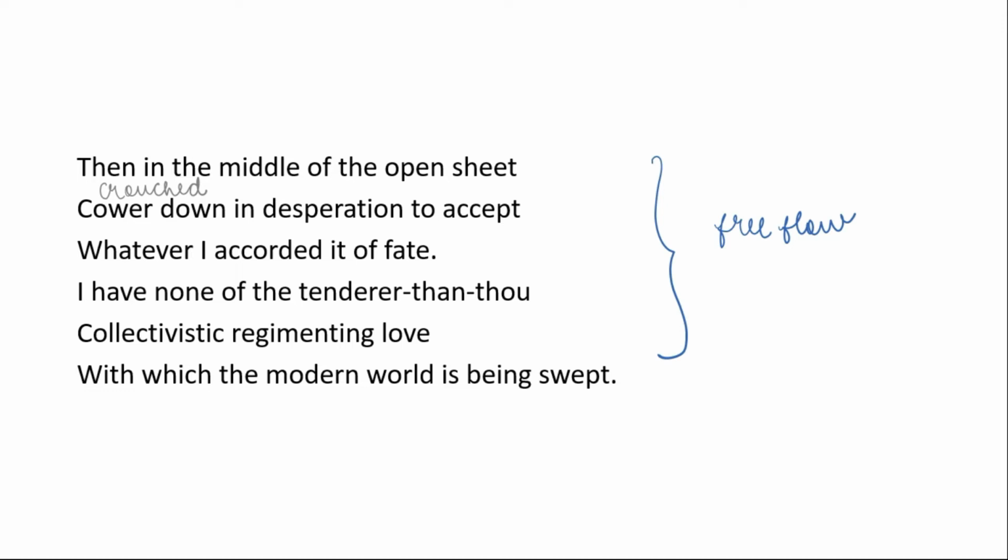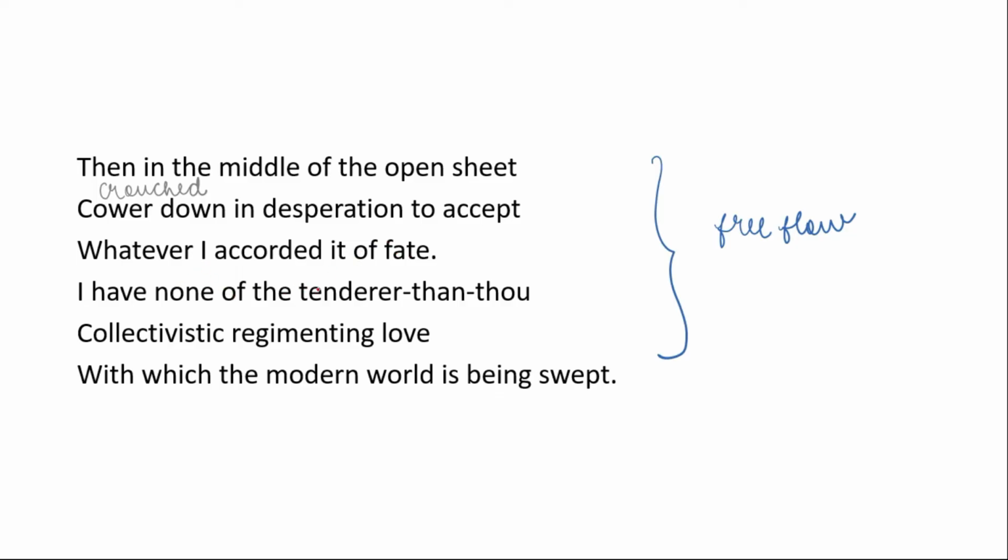Then, in the middle of the open sheet, power down in desperation to accept whatever I accorded it to fate. Okay. So, the poet says that when it reached the middle of the sheet, it crouched down as if it is surrendering itself to the poet, accepting any fate that it was granted by the poet.